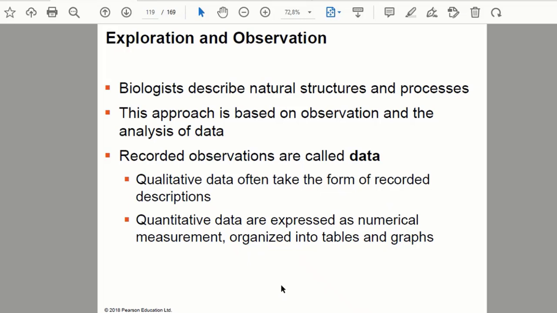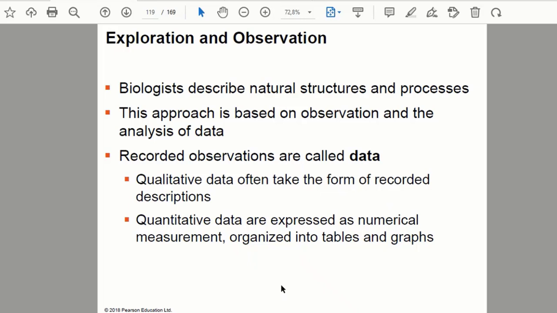So the analysis of data is that you're going to count and record how many fish you collected. It will start as an individual count. Then you're going to categorize it into species level, population level, and all of that. It also categorizes into qualitative data, which often takes the form of recorded description.